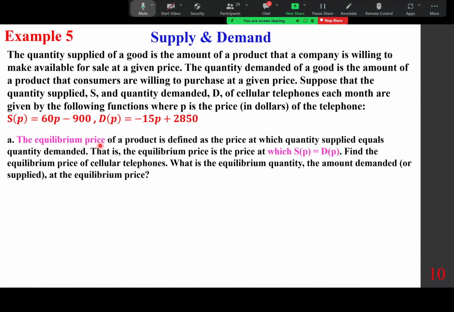The equilibrium price of a product is defined as the price at which quantity supplied equals quantity demanded. That is, the equilibrium price is the price at which S of P equals D of P. Find the equilibrium price of cellular phones.